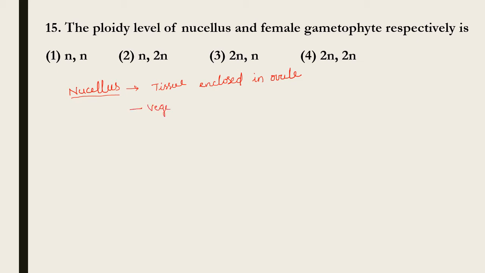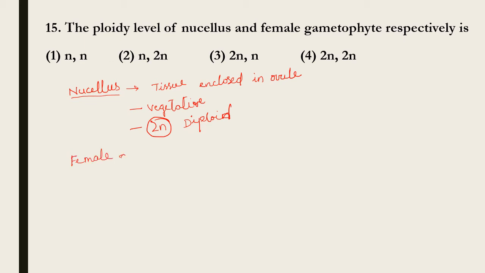It is vegetative, and it is in diploid condition, that is 2N. Nucellus cells are in diploid condition. Now what about the female gametophyte?